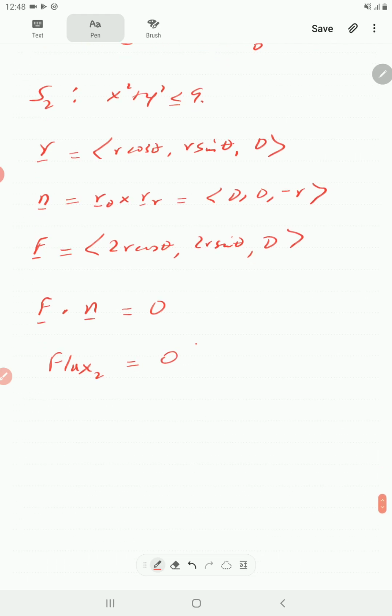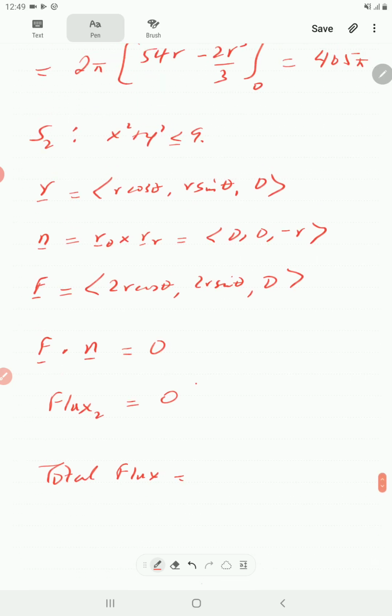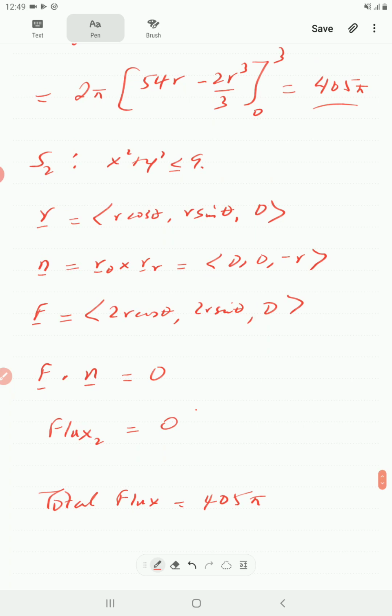So the total flux is just going to be that through S1, which is 405 pi, plus 0. Which is the same as the one we obtained using the double integral approach.